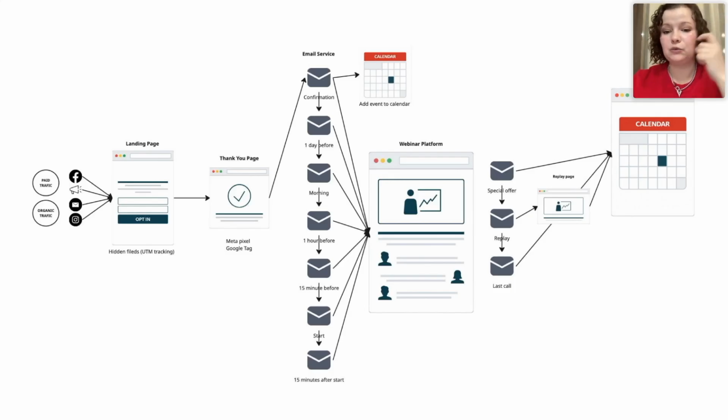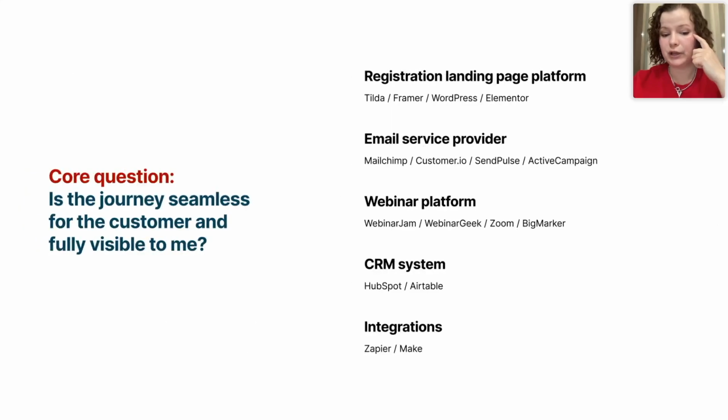And to track the conversion, you need to make integrations, and sometimes it's pretty hard to make integration between the landing page and email service or webinar platform and CRM system. So you can use webhooks, Zapier, and Make, and there are a lot of solutions, not only them.